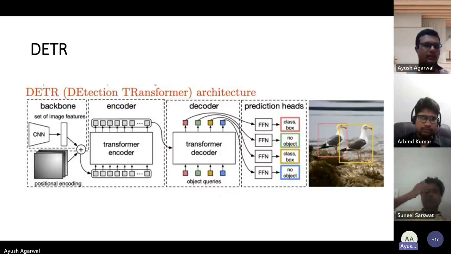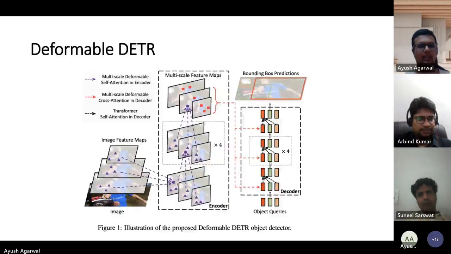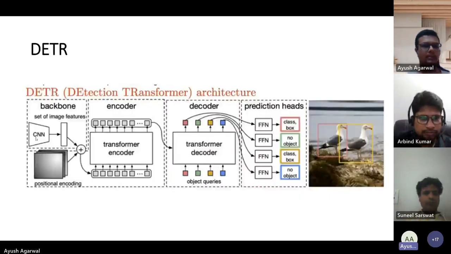Briefly looking into deformable DETR, that is the architecture they use to extract the tokens after you input the multi-scale language-aware visual features. In this network, what essentially happens is that you give it a backbone, that is a CNN. You also input the positional encoding.